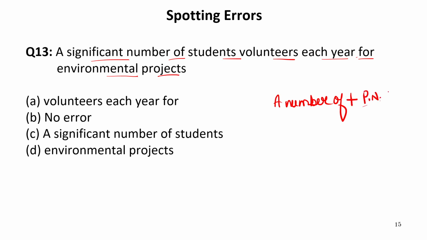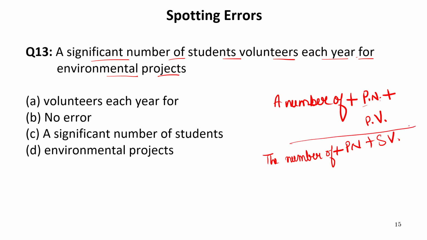This PN is plural noun and plural form of verb. But if the phrase is the number of, it should be followed by plural noun but singular form of verb. So these are the two expressions that we have in subject verb agreement. Now this a significant number of, so it should be followed by plural noun and plural form of verb.